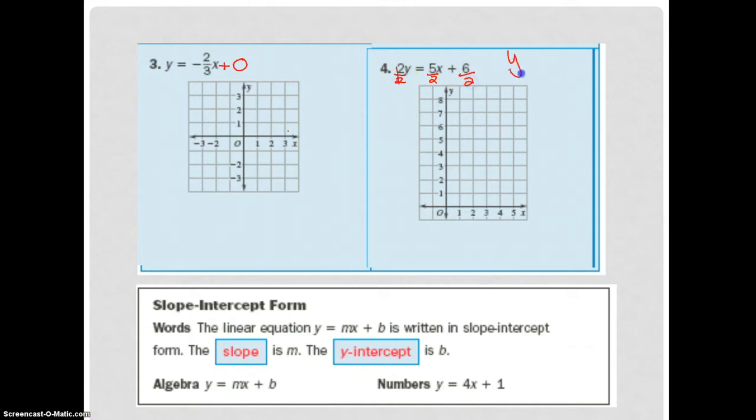So we have y equals, I'm going to keep this 5 over 2 because that's the slope and that's in fraction form, x plus, I can simplify 6 divided by 2, which is 3. I do not need the y-intercept as a fraction, but I do want to keep my slope as a fraction so I can see my rise over run. Go ahead and solve 3 and 4 yourself. Pause the video.